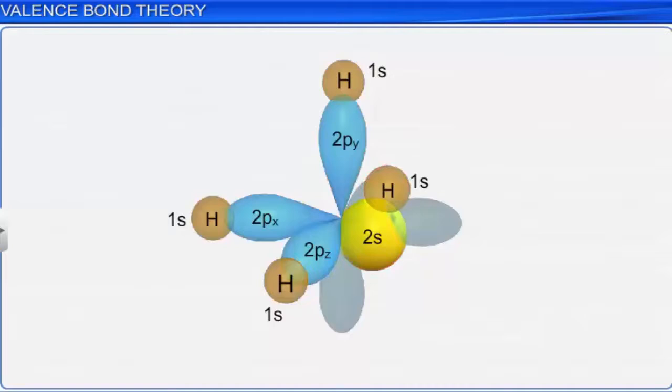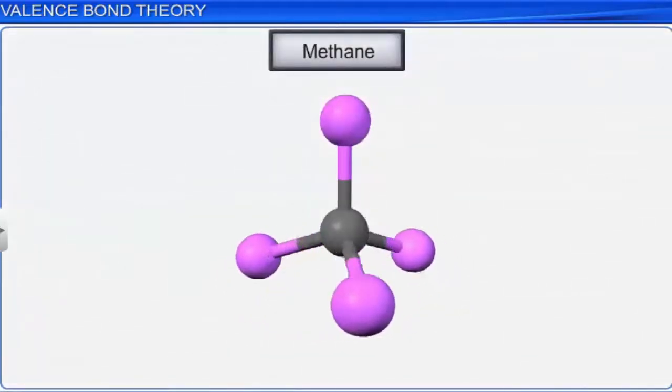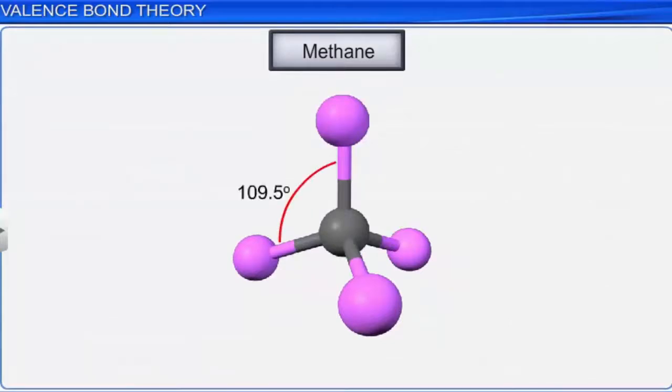Thus, the direction of the fourth bond cannot be ascertained. This means that all the four C-H bonds in methane are not identical. But experimentally it is observed that all the four bonds are exactly identical in all aspects and are oriented at a bond angle of 109.5 degrees.